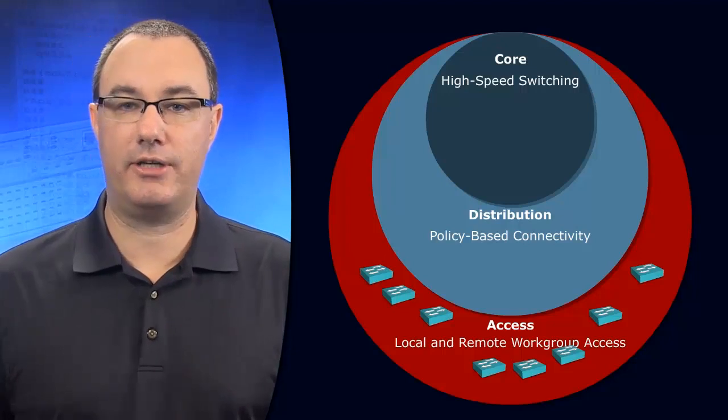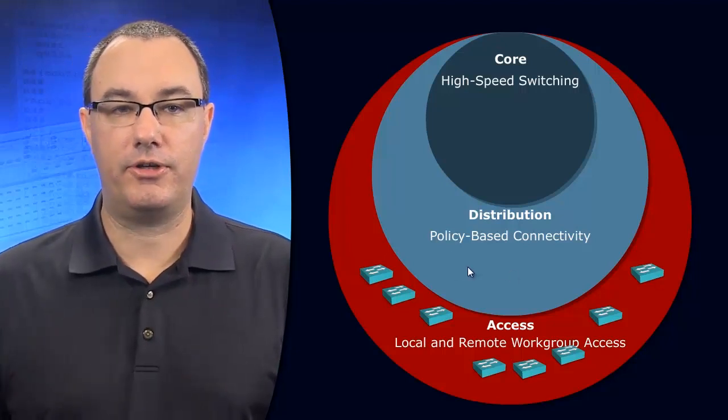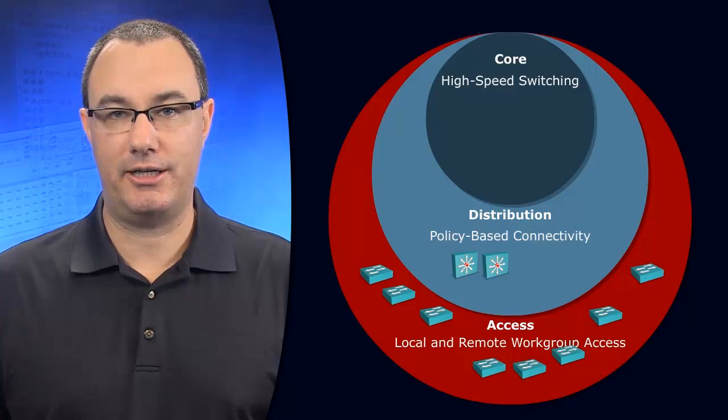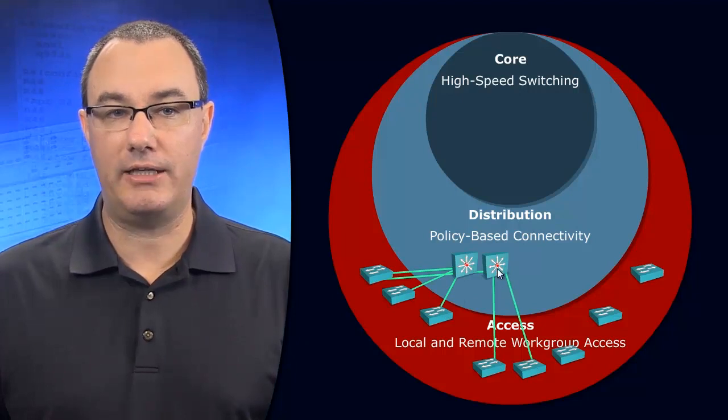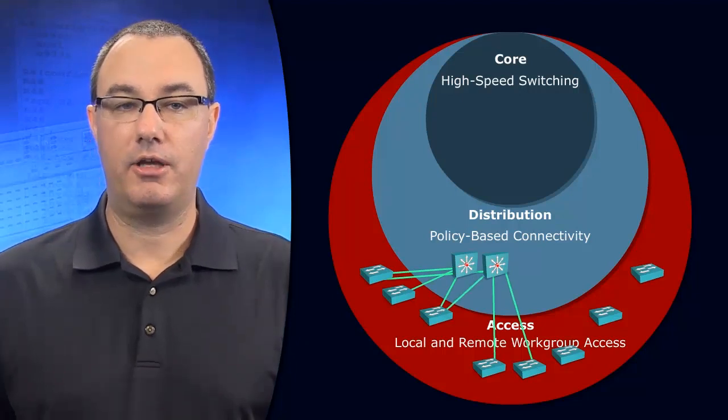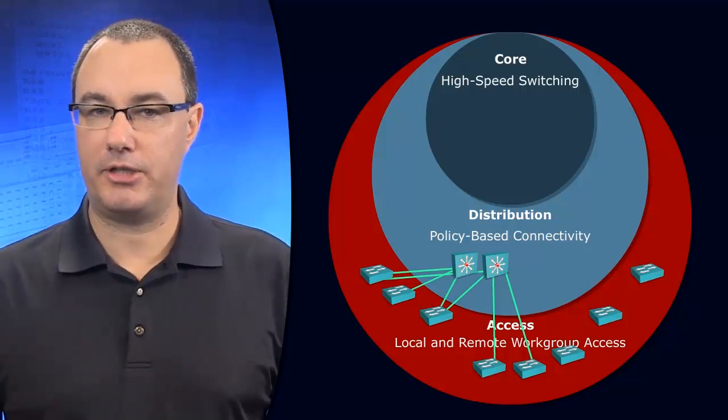Now, those access layer devices are going to connect up to distribution layer devices. These distribution layer devices are going to give us connectivity to the outside world beyond the VLANs that exist at the access layer. So you're starting to get a little bit of a picture, hopefully.